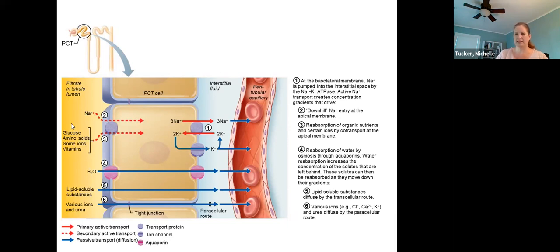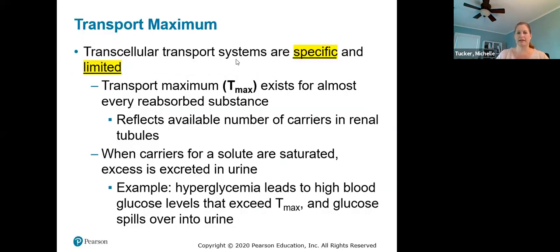Glucose is the one that tends to exceed that transport maximum with uncontrolled diabetes. When we measure urine, one of the things we're looking for is glucose. In a healthy individual that's non-diabetic with healthy kidneys, there should be 0 glucose left in the urine. We'll talk about protein later. So there is a transport maximum.